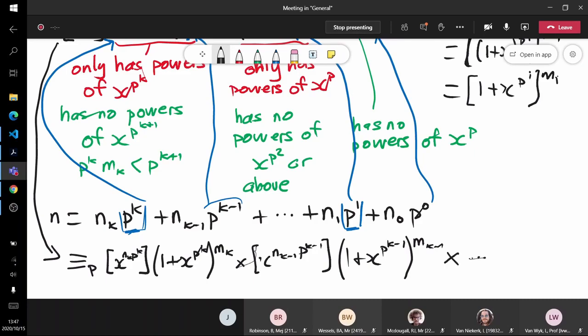And each of these terms are multiplied separately until the last one is just the coefficient of x to the n_0 in (1 plus x) to the m_0.